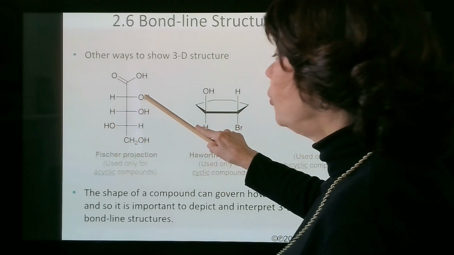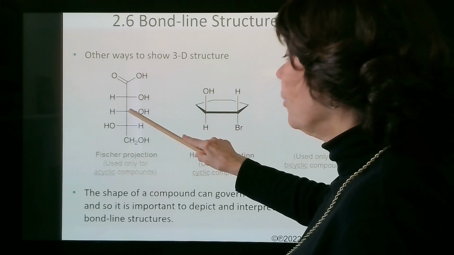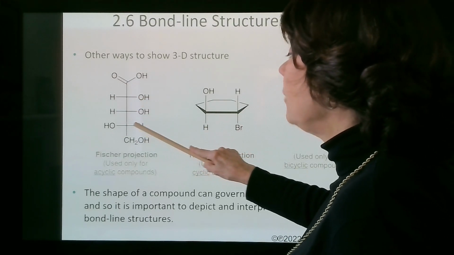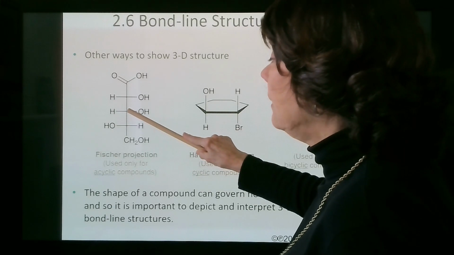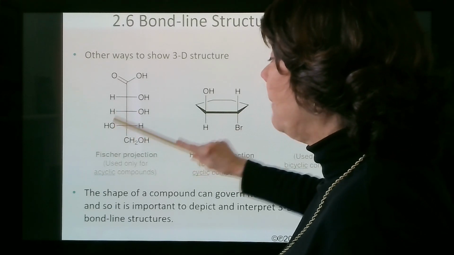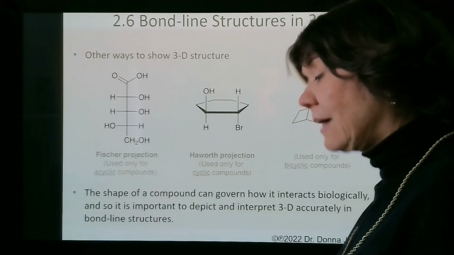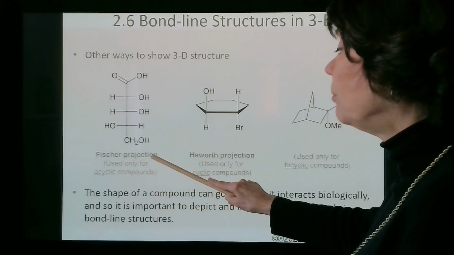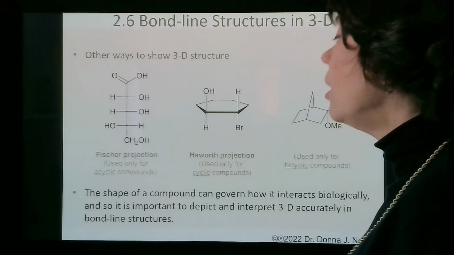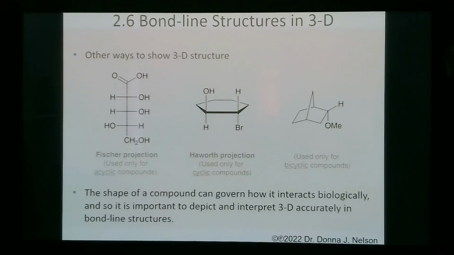This OH bond is coming out of the screen. This one's coming out of the screen. This CH is coming out of the screen. This one is coming out. This one is coming out. All bonds that go up and down are going back into the screen. That's for Fisher projections, when Fisher projections are used.